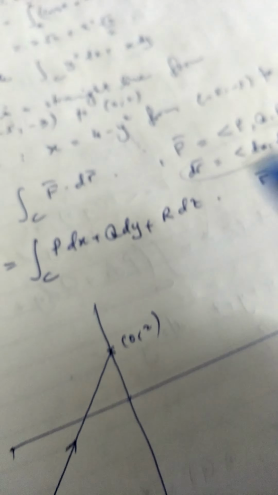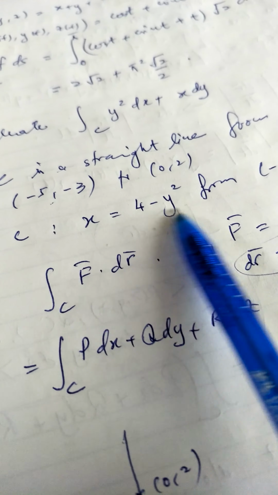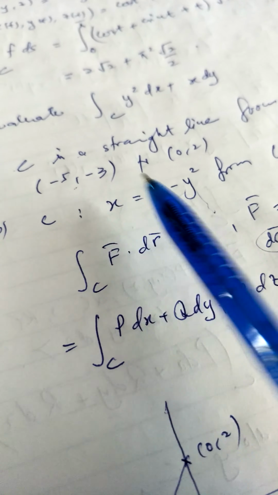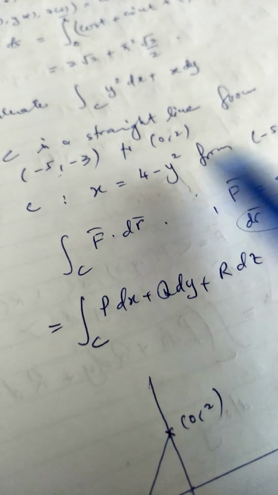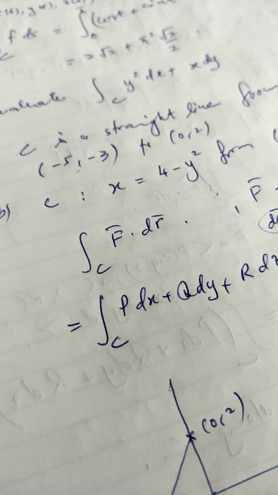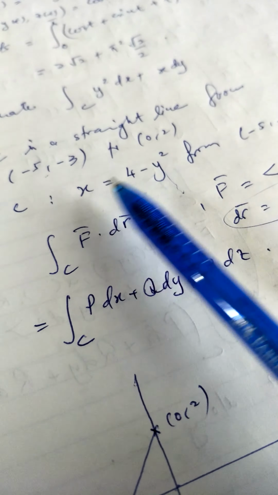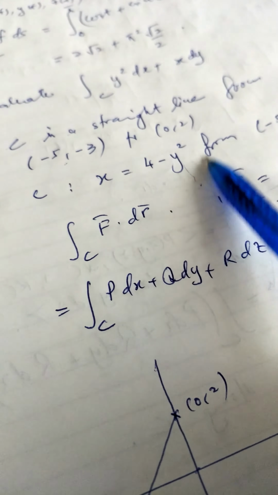Alright, if you look at the second part B, we have this equation. If you substitute there, x is 0, so yes, true. So what is this curve?